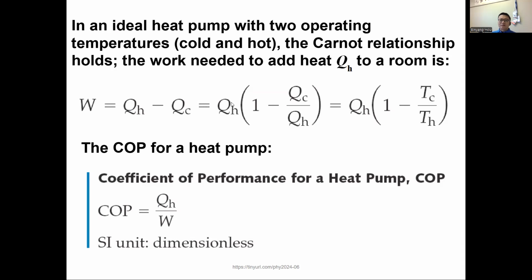And if this is an ideal heat pump, then this can be written as QH times 1 minus QC over QH, or QH times 1 minus TC over TH for an ideal engine. So this is like a reverse engine. In that sense, the same thing, TC over TH is equal to QC over QH. So the coefficient of performance of a heat pump is QH over W. Again, you'll be looking for a higher COP for higher performance in this case.